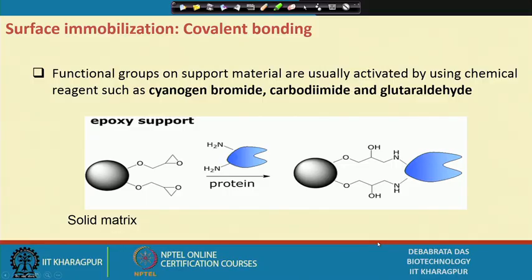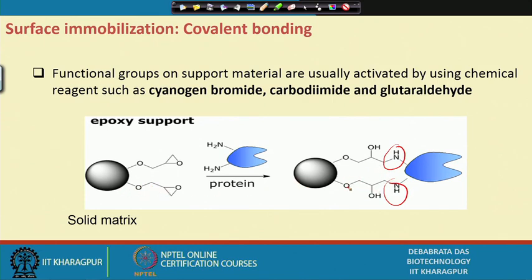Now, this is one example that I have given here, and I think it will be very clear. This is the solid matrix, and this is the protein. The enzyme is nothing but protein molecules, and this is how it is adhered on the surface by covalent bonds with the solid matrix.